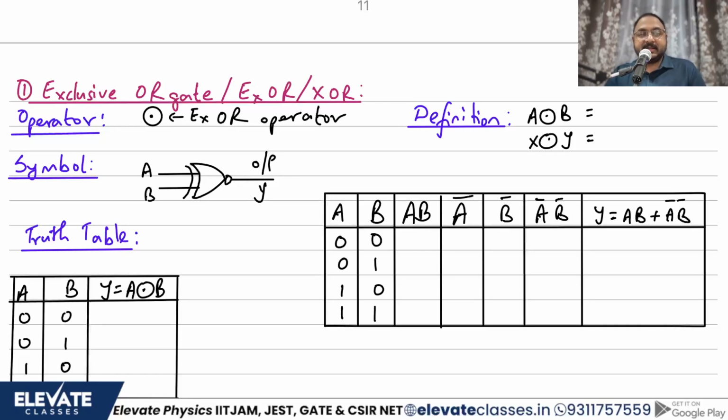My bad. This has to be an XNOR operator, right? This will be an XNOR operator. Okay, right. So let's move on now. This is your XNOR. Okay, and now this will be your XNOR operator. This operator is XNOR.